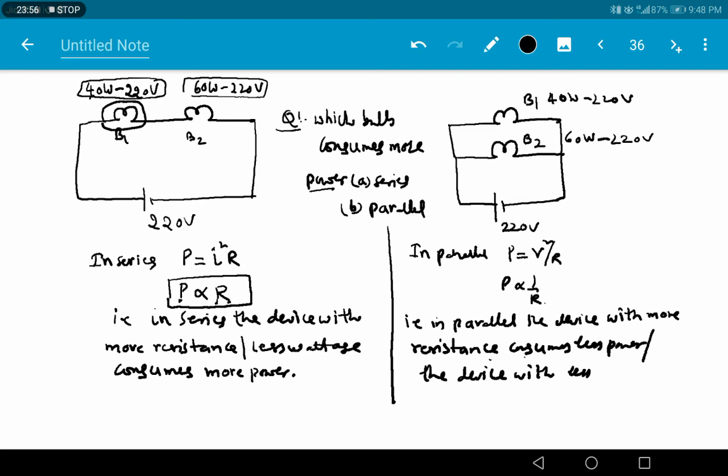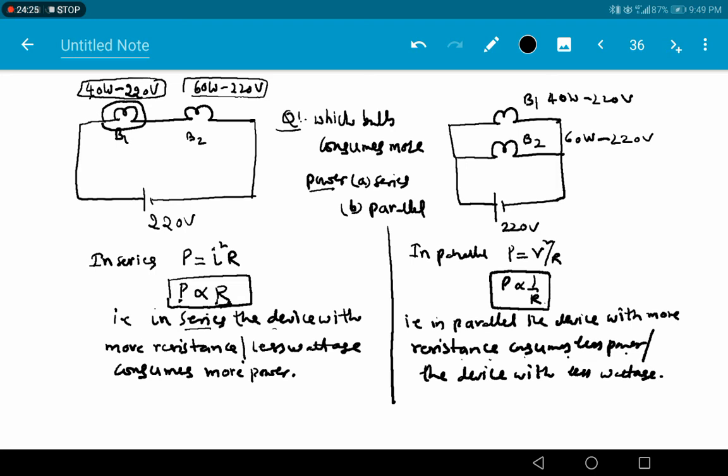If wattage is less, power consumption is also less.